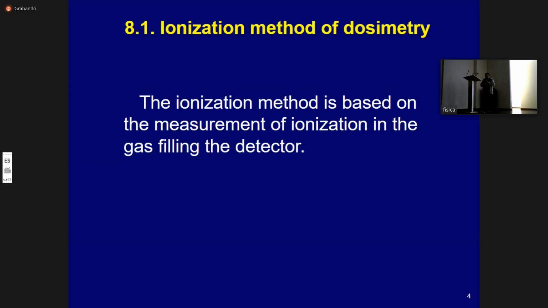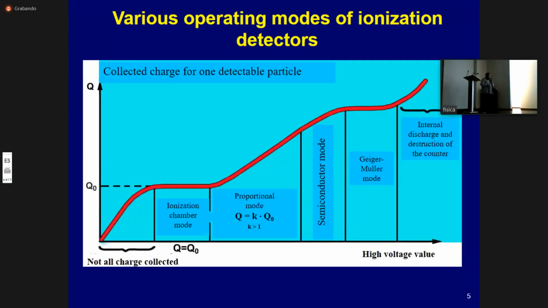With the ionization method, the ionization of molecules and atoms of a substance is measured. The method is based on the use of charges and the electrical conductivity of gases. The next slide will show you that.